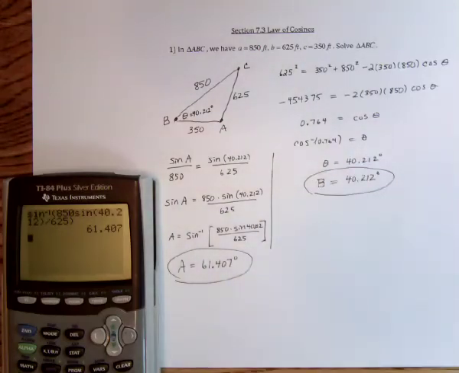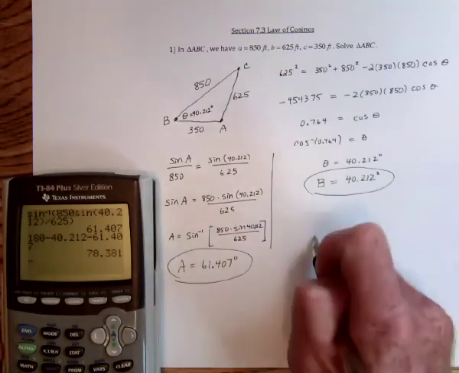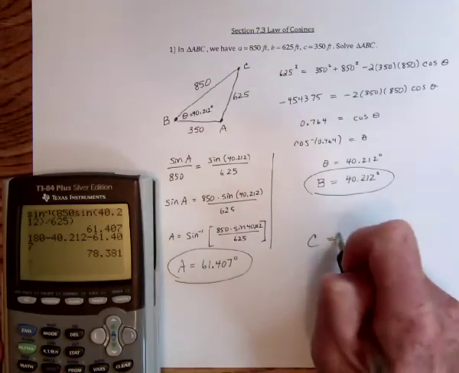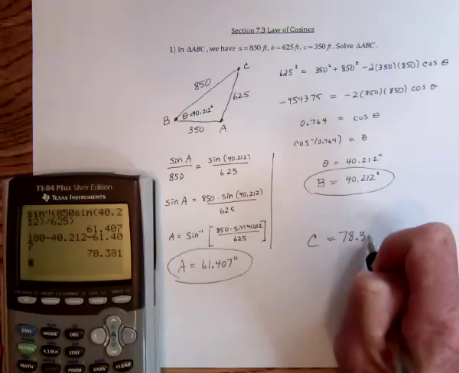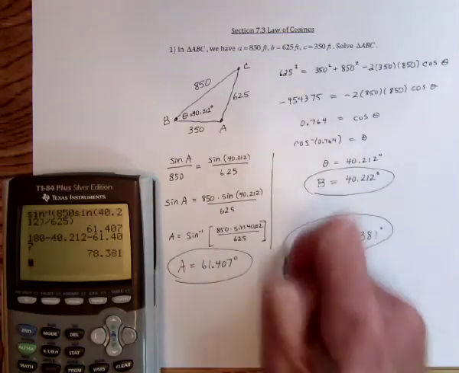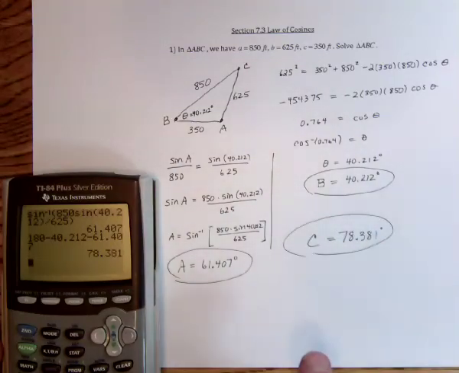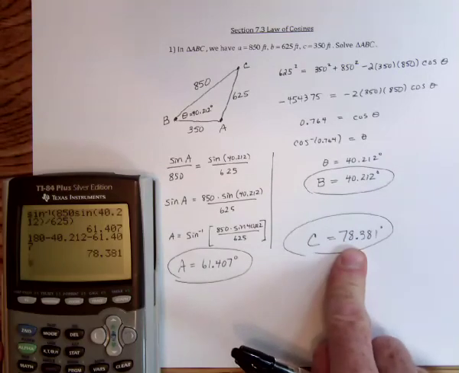And then for angle C, we can just use the total has to be 180, so if we subtract and subtract, then angle C would be 78.381. And then that makes sense that angle C is the largest.